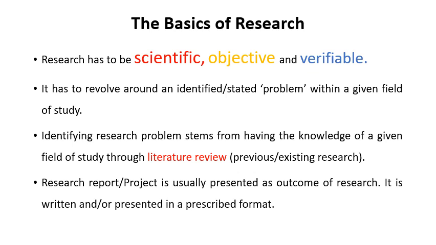First of all, research must be scientific. By scientific, we mean it has to be verifiable, it has to be objective, meaning that the processes, the techniques, the methods must be documented such that another researcher interested in the same field can actually follow those processes and arrive at the same result.